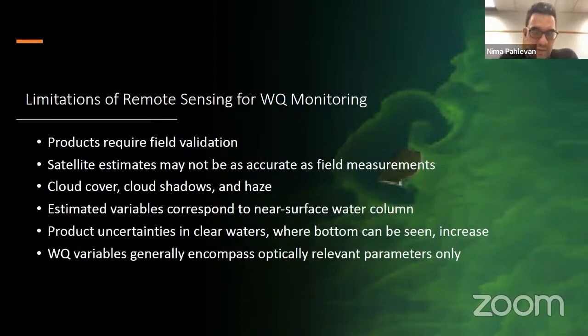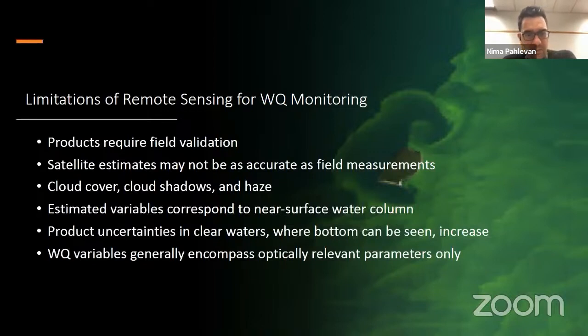I tried to highlight that earlier. There's cloud cover, cloud shadows, and haze that could also limit the utility of satellite-derived products. Estimated variables correspond to the near surface water column, so keep in mind that we can't see the bottom. If you can see the bottom in the field, there's no way the satellite can see it. So that's something to keep in mind.